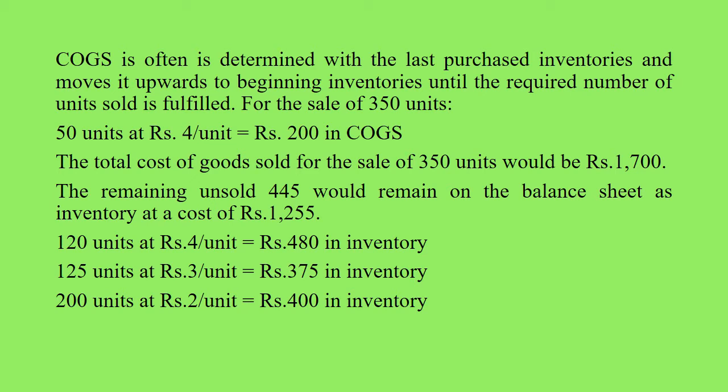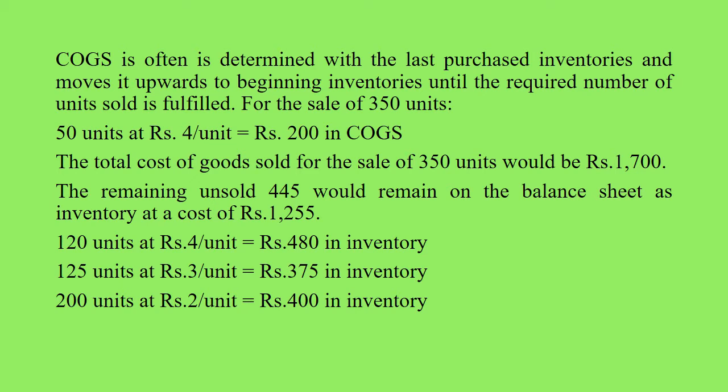So the last transaction is 300 units at rupees 5 per unit, and we need an extra 50 that will be taken from the second last purchase. From that we have 50 units at rupees 4, so you get 200. So the total cost of goods sold for the sale of 350 units would be rupees 1700.